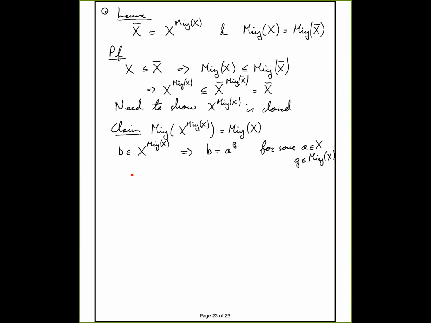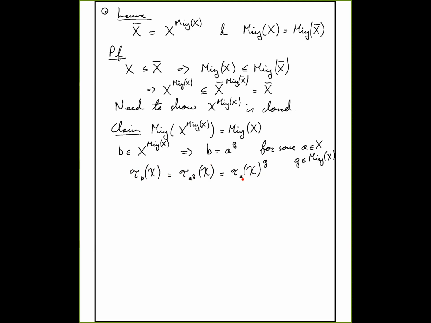So tau B of some chi, well, that's just equal to, by definition, this, which is equal to this. But now what about this here?